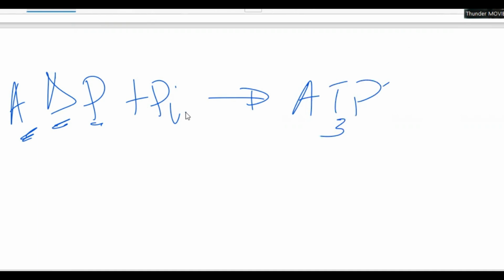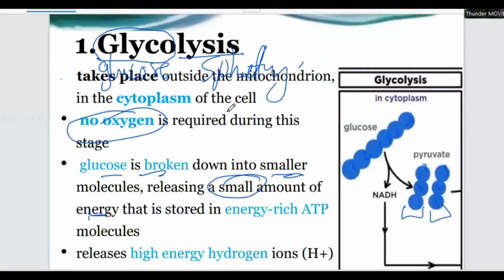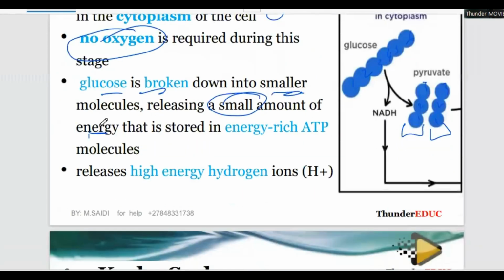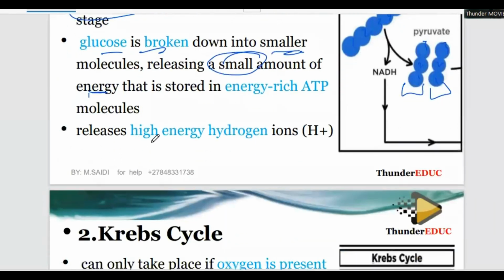So during this process, some energy is released, and this energy is used to form this bond. Hence, you form adenosine triphosphate, so that energy is stored as ATP. This small amount of energy is stored in the energy-rich ATP molecule.